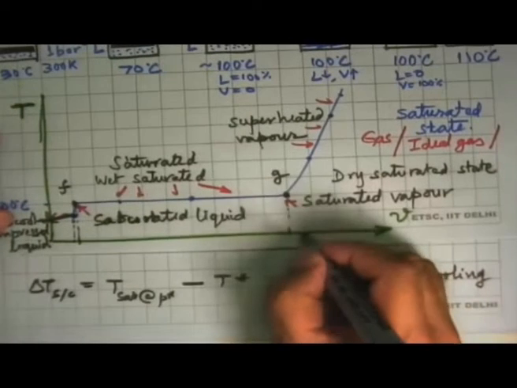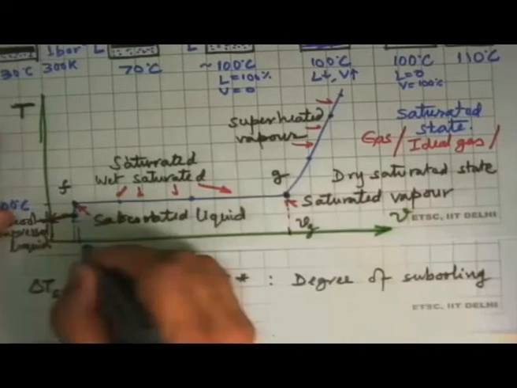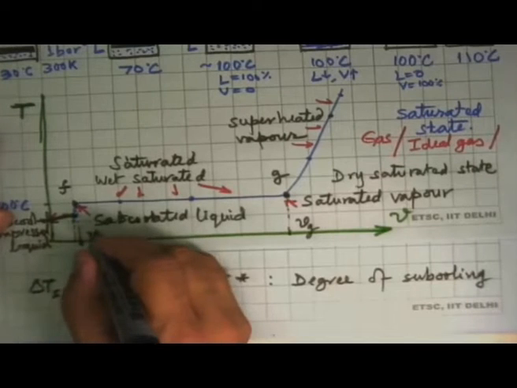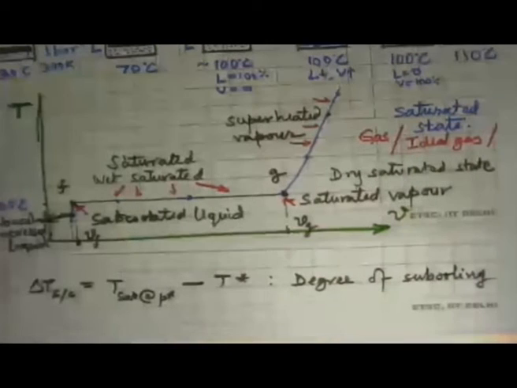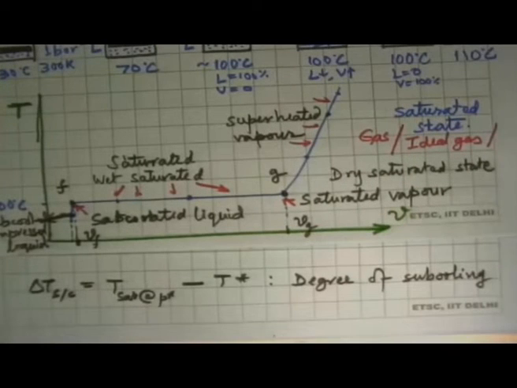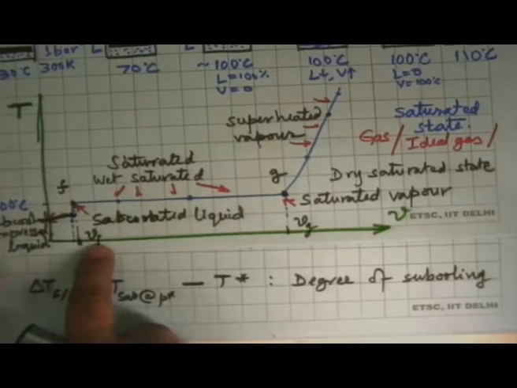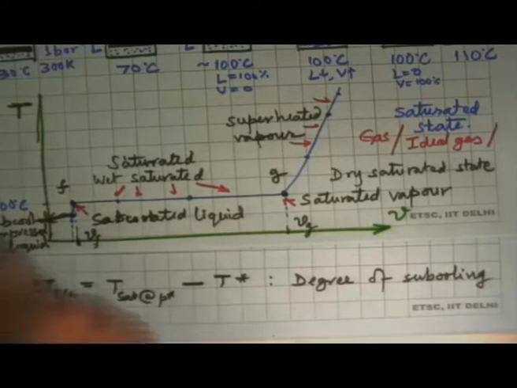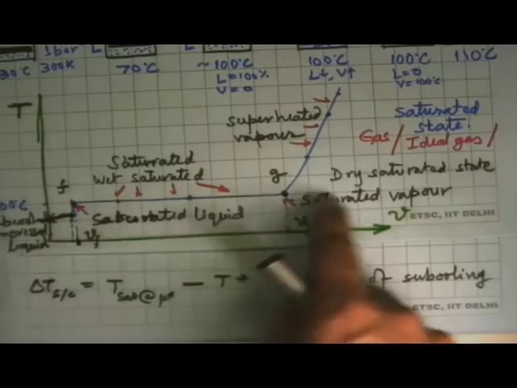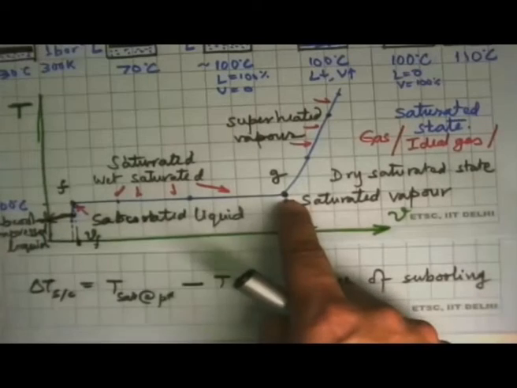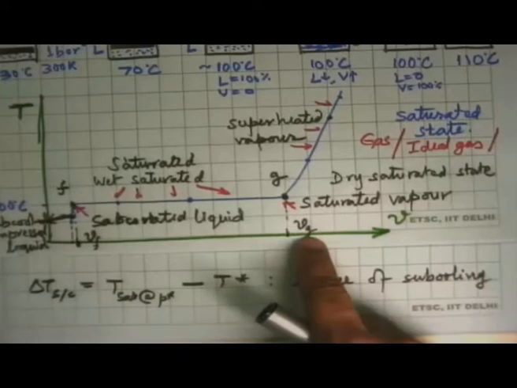This is called Vg, this is Vf. Now these are fixed properties that once you say I have 100 degrees Celsius, what is the specific volume of the saturated liquid? It is Vf, that is known in tables. So I ask what is the specific volume of the saturated vapor? In that case, Vg, that is known in the tables.